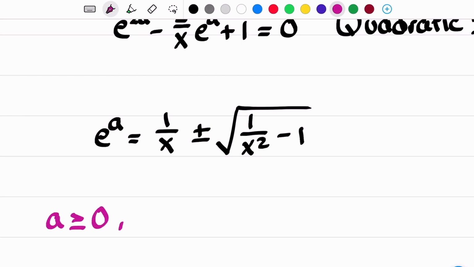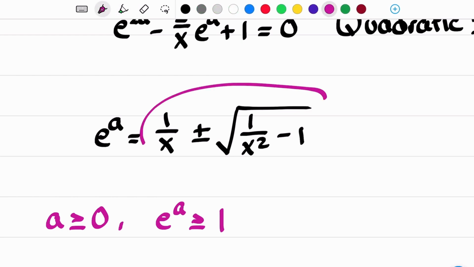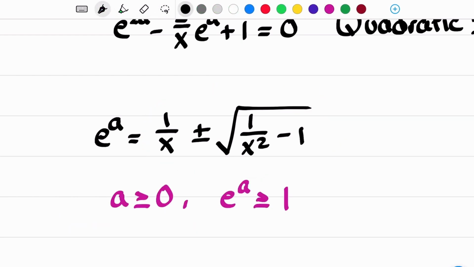Well, if the area is greater than or equal to 0, e to the a has to be greater than or equal to e to the 0. E to the 0 is 1, so e to the a has to be greater than or equal to 1. So that means that this whole thing here has to be greater than or equal to 1. And that's going to be very important in defining which one is actually the right case.